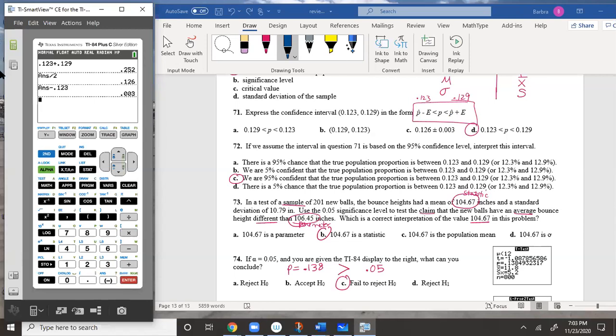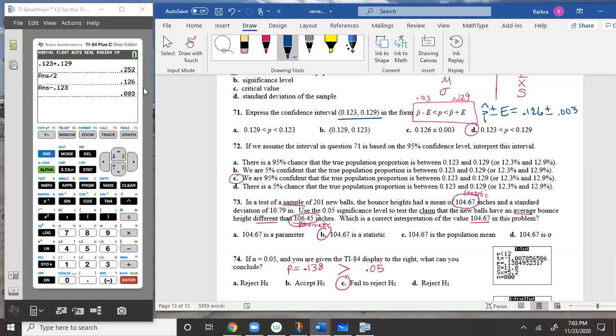We can write the interval in 3 different ways: as an inequality, as an interval, and as p hat plus or minus E. That's actually 0.126 plus or minus 0.003. Okay, so there are several ways to write this interval here.